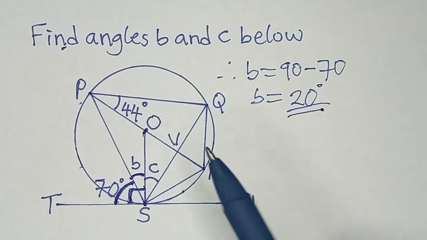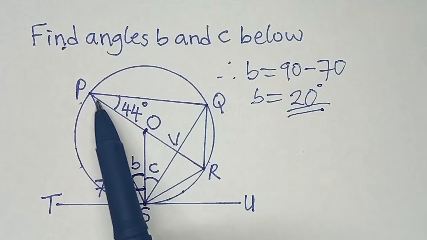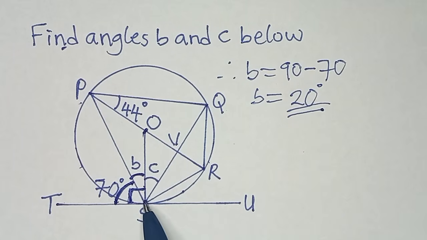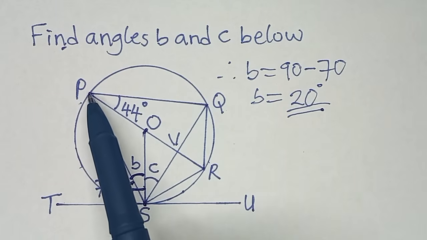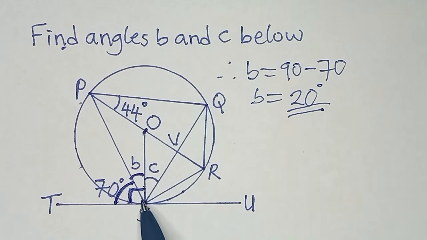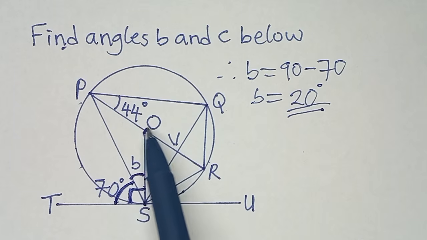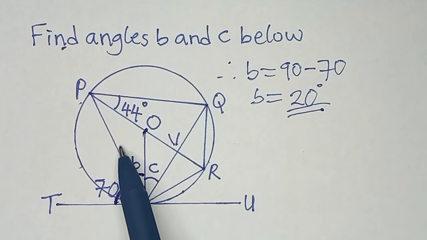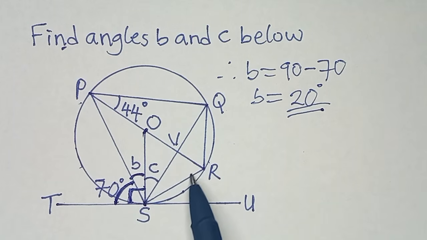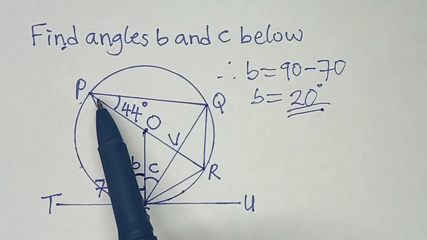So what you just need to do next is to trace one of the triangles that the chord makes inside the circle. And now I'm tracing triangle SRP. So this is one of the triangles that this chord PS makes inside the circle.